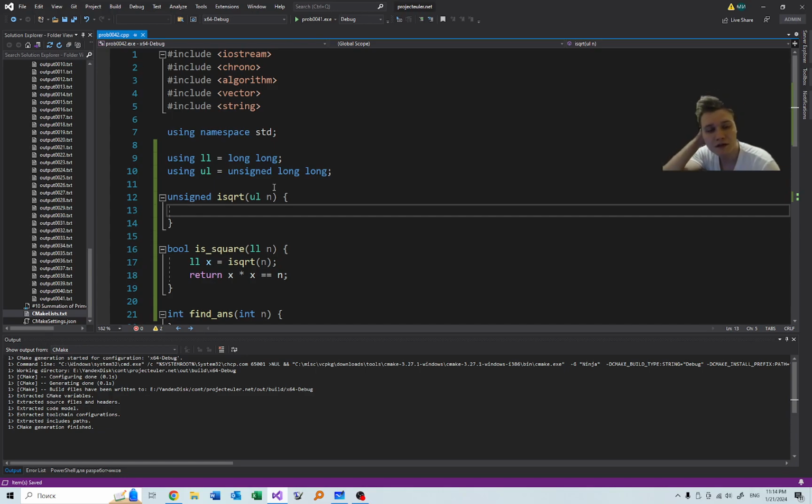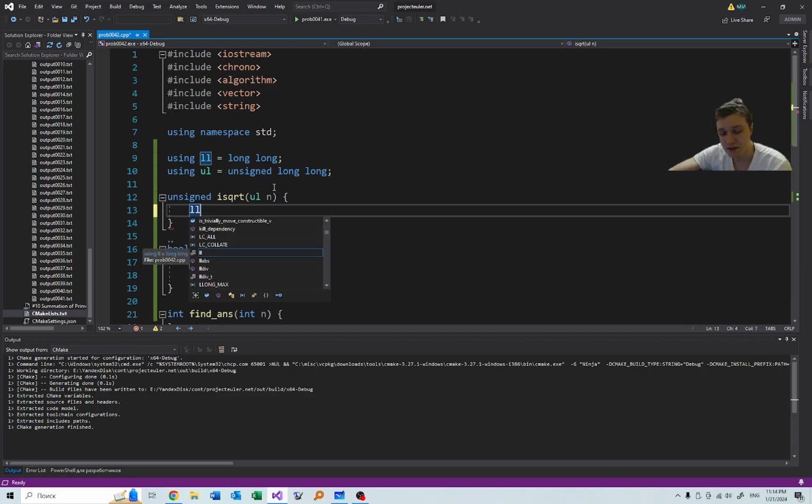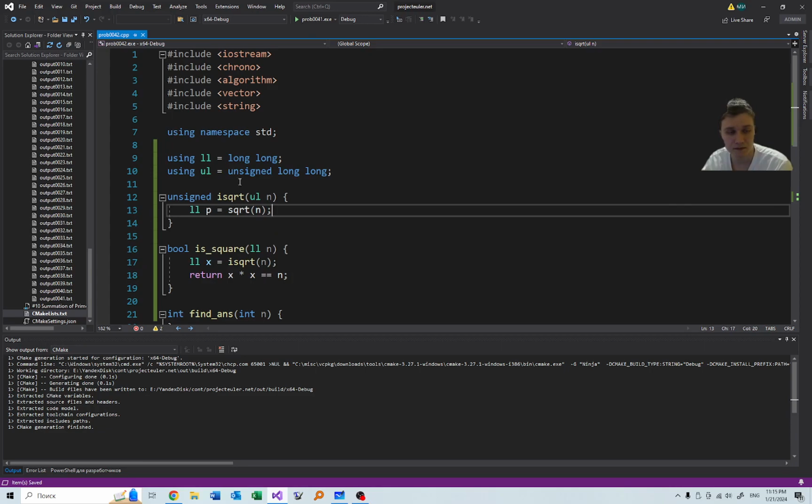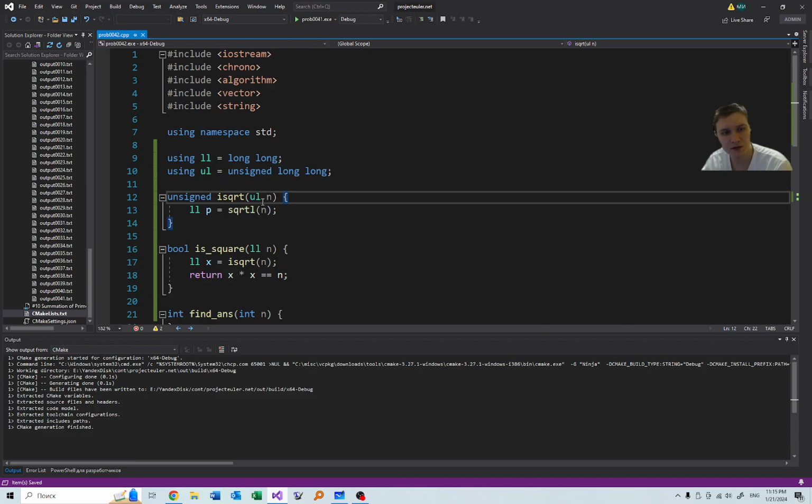How do we check that? How do we find it? Let's find some answer, which is the square root of n in double. Let's actually do it in sqrtl.